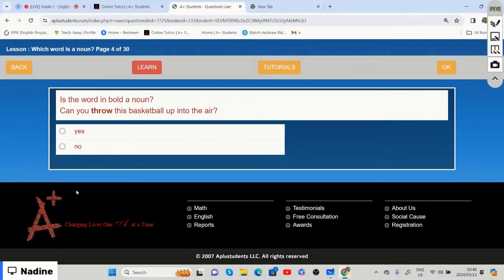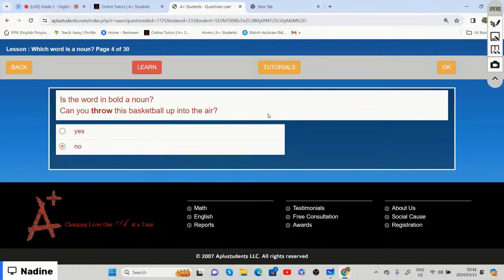So no, that word throw is not a noun, because throw is an action that someone is doing, right? Remember, a noun names a person. So can you throw a basketball up in the air?